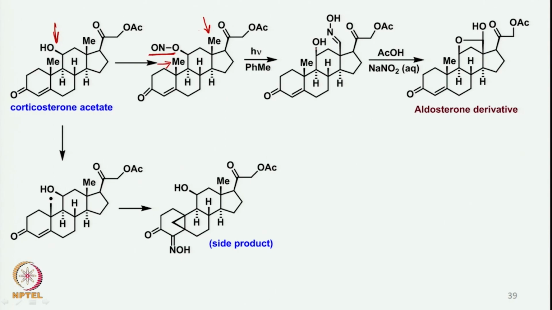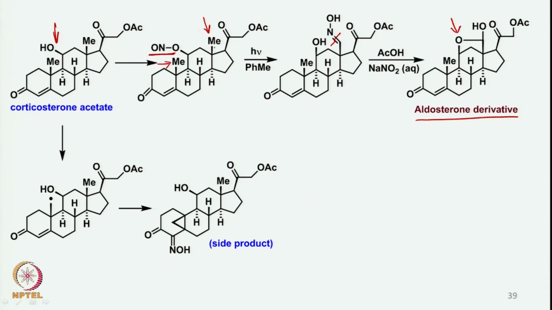Between the two of them, this particular methyl group appears to be more easily approachable. If one looks at the model, it becomes very clear, and then we can make the corresponding oxime, and then again hydrolyze and make the corresponding lactol, which is an aldosterone derivative.